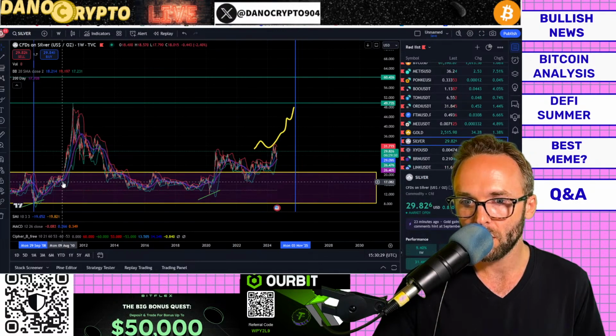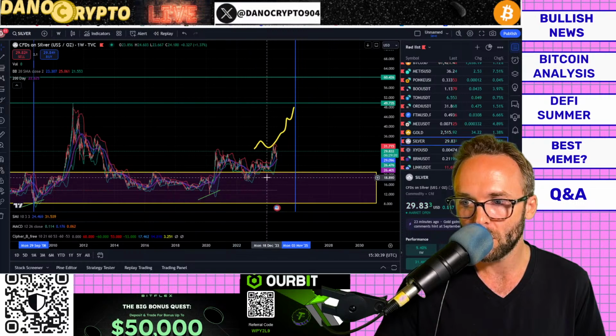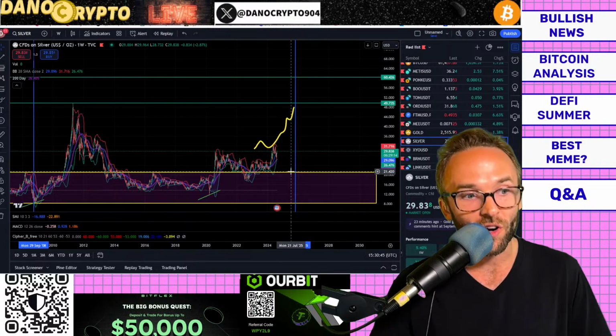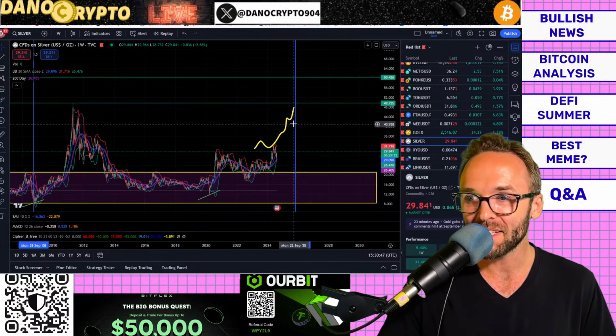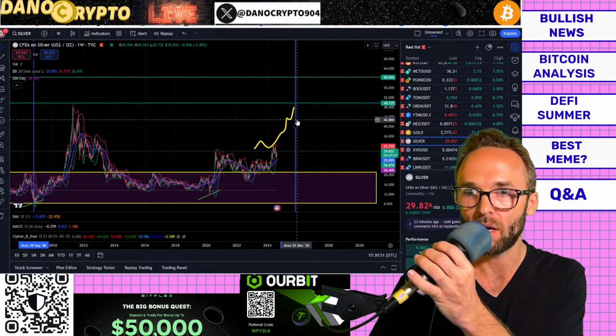If you measured from here, August 10th, it took about 5-6 months to get to that point of breaking out of this range. But now you see, out of this range, October 2022, a little bit longer, but I think right here in the first quarter of 2025, we could see silver literally back at all-time highs.